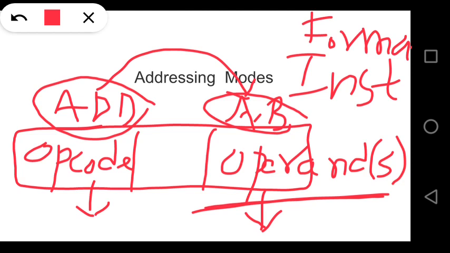And those A and B values can be present at different places. So where can we find the operands? It is a big question.